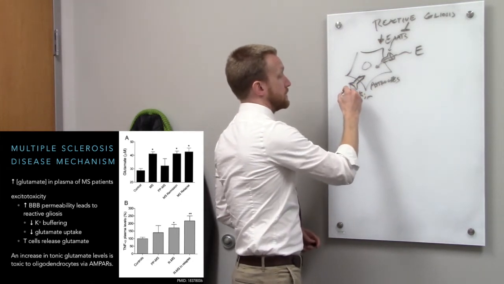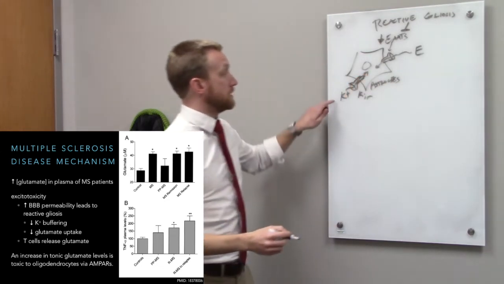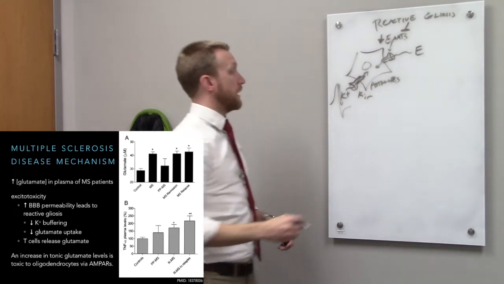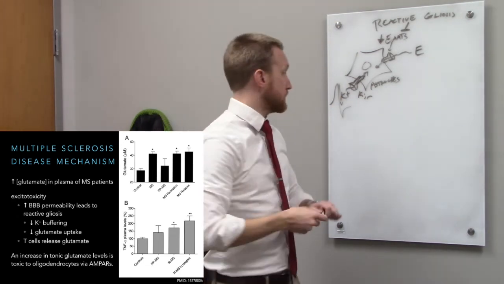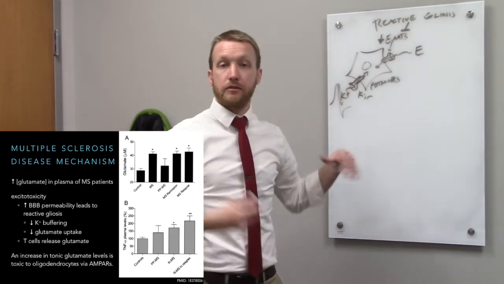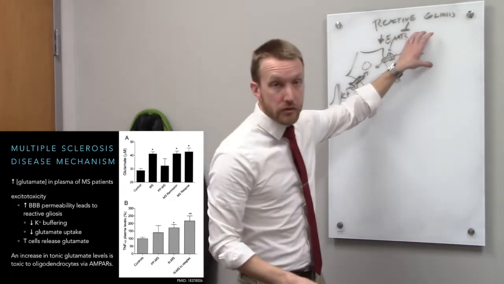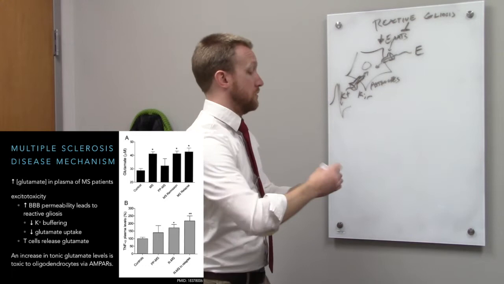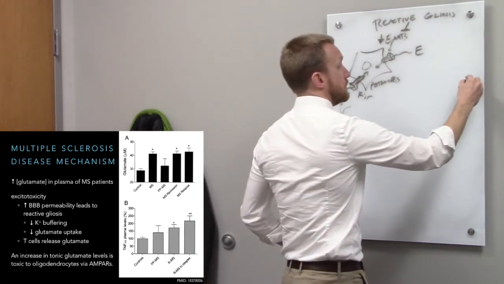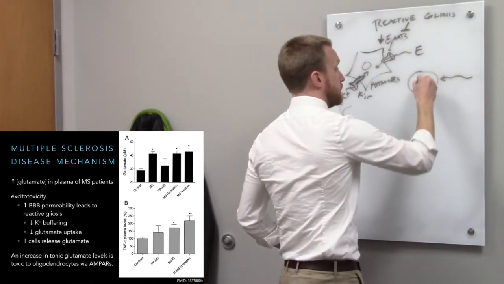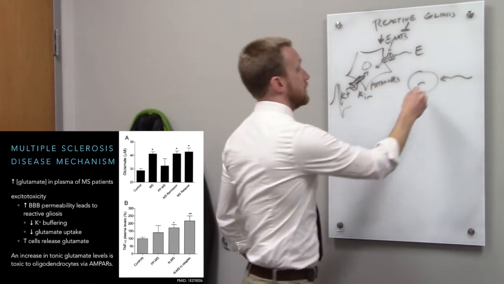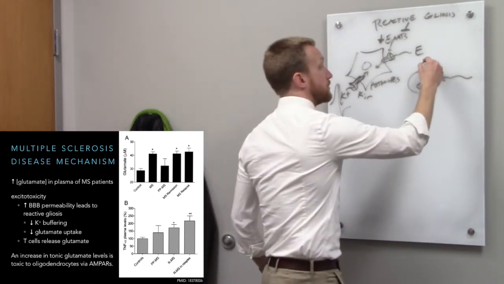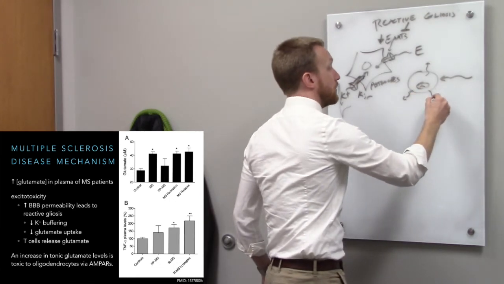Astrocytes are going to be one of the cells that will clean up that potassium that's getting ejected on every action potential. If we don't clean up potassium, that's going to excite neurons. If we don't clean up glutamate, that's going to excite neurons. And it's also a possibility that the white blood cells that invade our central nervous system are contributing to this as well by spitting out glutamate.